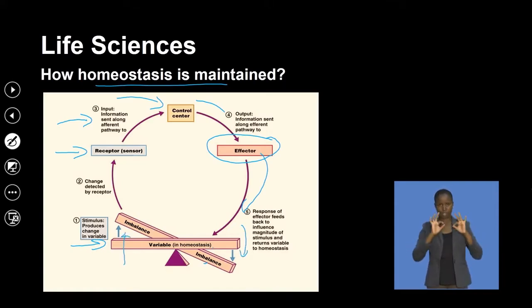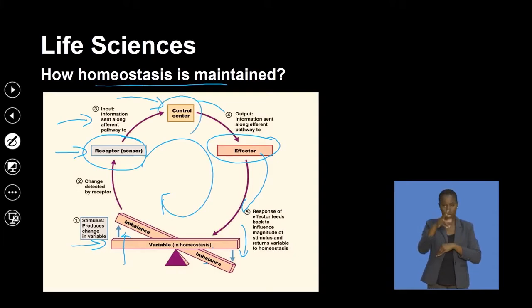So this cycle of events ensures that a stimulus is received. The control center responds by sending an impulse to the effector organ, thereby bringing about a change. And that change establishes what we call the balance, which was disturbed by a change in the variable.